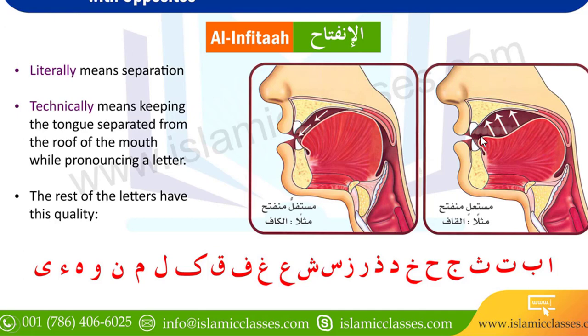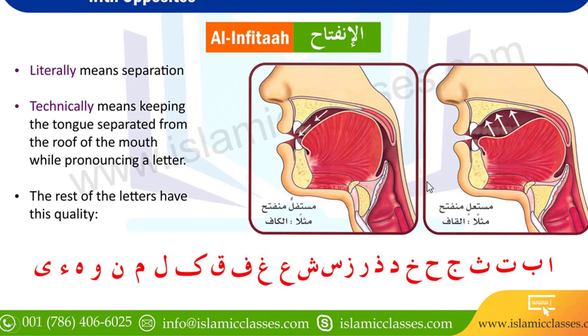The difference between Al-Infitaah and Al-Itbaaq is that here you can see this is the opening place. This letter is Musta'lin Munfatih, so Musta'lin means a bold or heavy sound only, not extra bold, and Munfatih means the opening or separation, right?